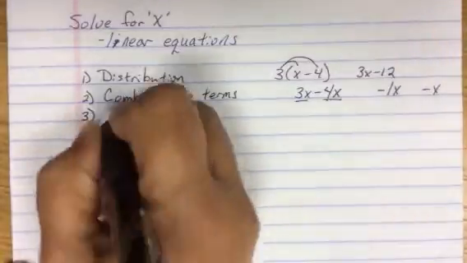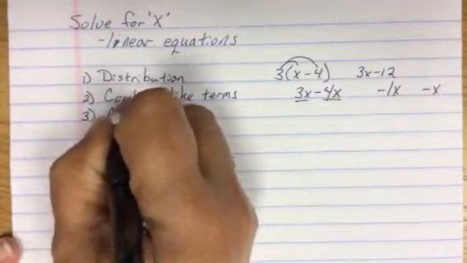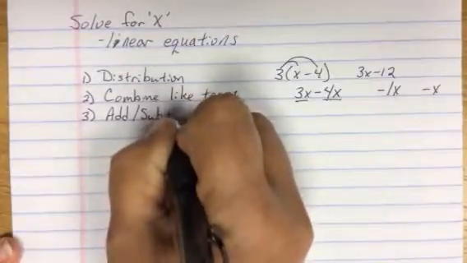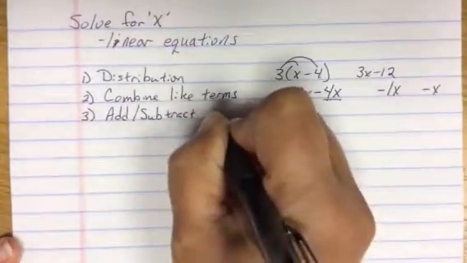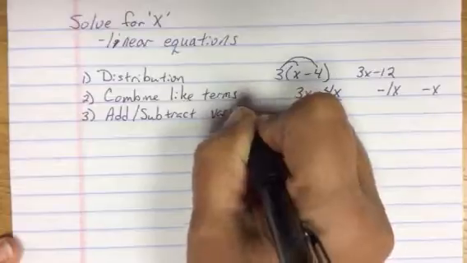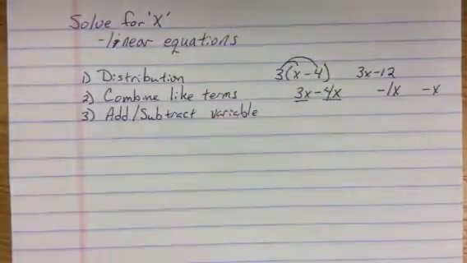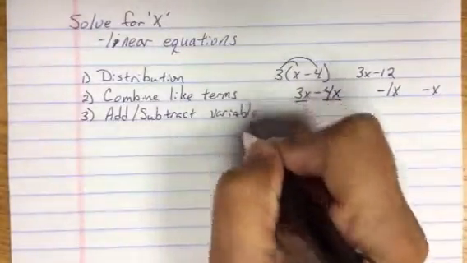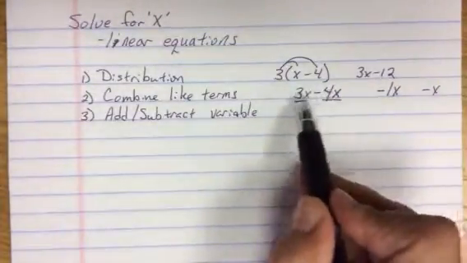Step 3, we add or subtract the variable. This looks very similar to your combining like terms.